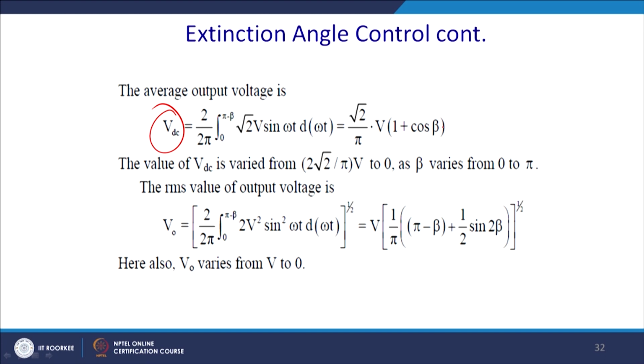So, the value of VDC varies from 2 root 2 by pi to 0, as beta varies from 0 to pi.